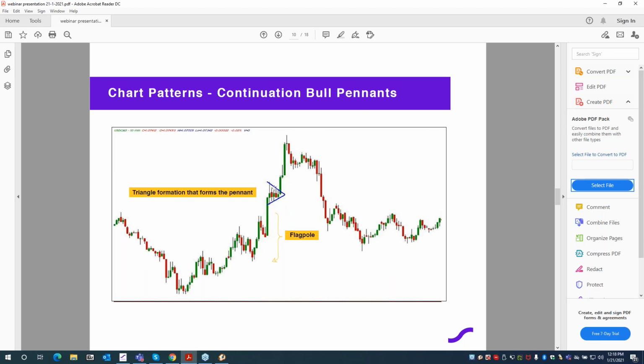Over here, you see the parallel lines that are closing. Usually when you have the parallel lines closing, the narrower they get, the closer you get to the continuation of how things should be moving upwards in this case. The triangle formation that forms the pennant is this small place here.